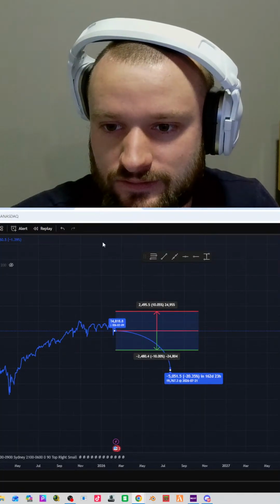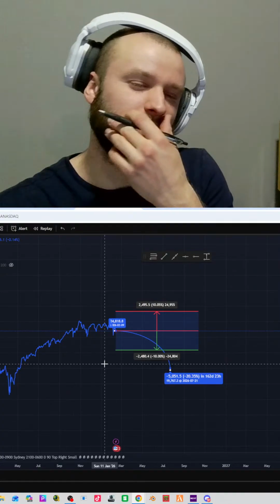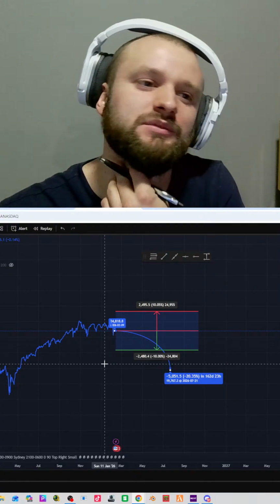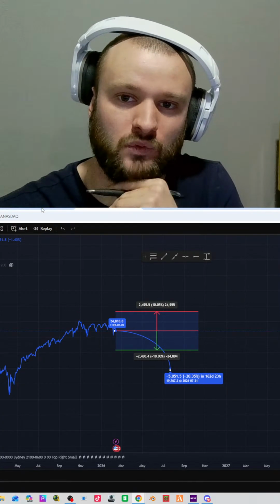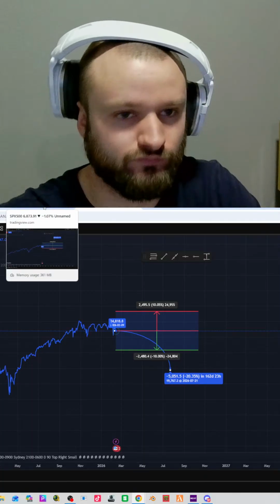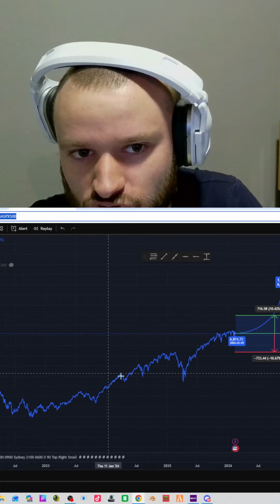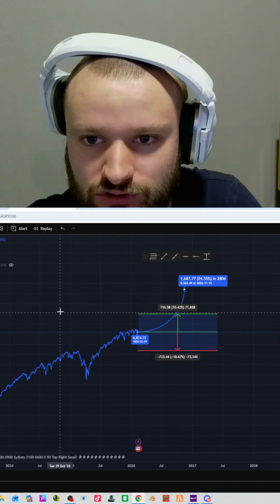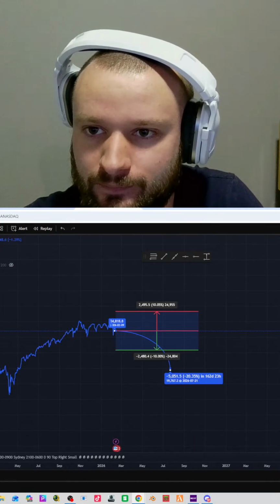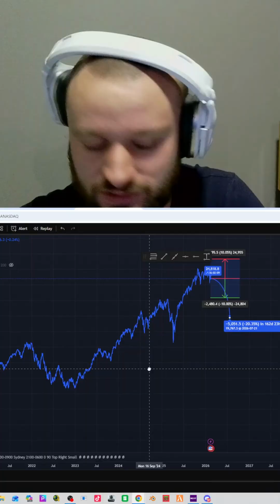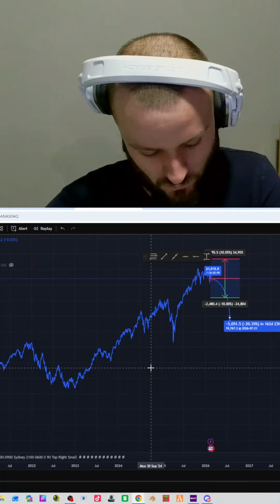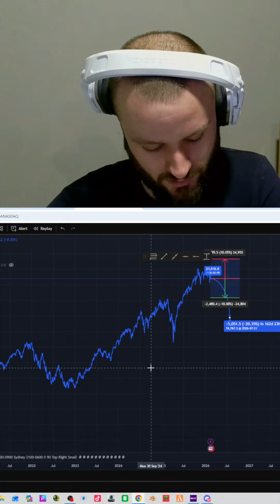So either way, I don't want it to be like that though. I don't want to be either right or wrong on one out of two trades, because I know that they do move the same. But based on what was I looking at, where is the price going to go for daily and week?